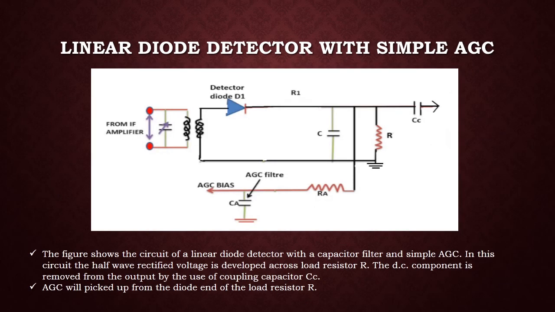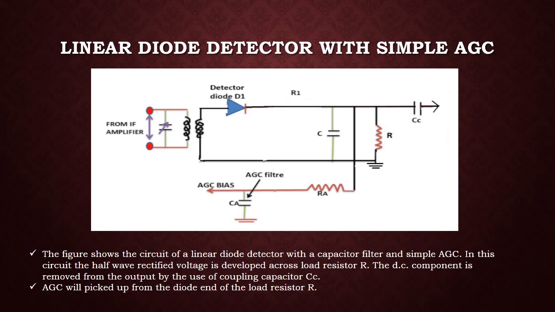Now, the next part is linear diode detector with simple AGC. Figure shows the circuit of a linear diode detector with capacitor filter and simple AGC.